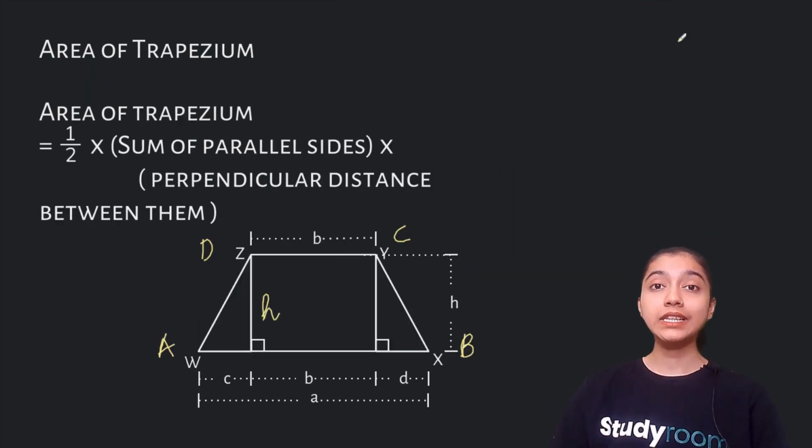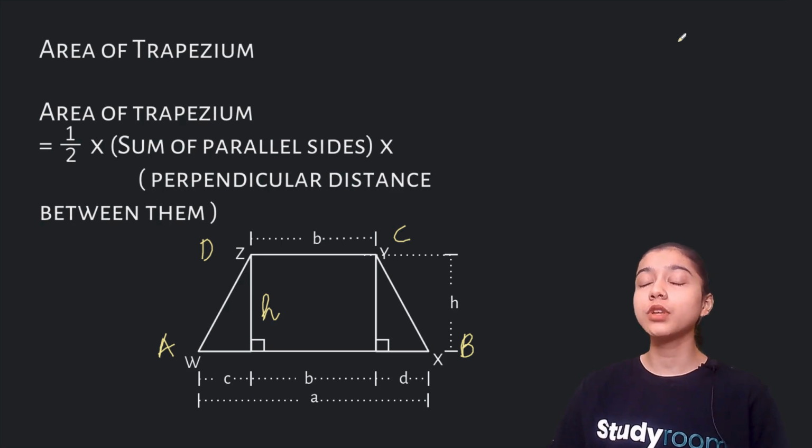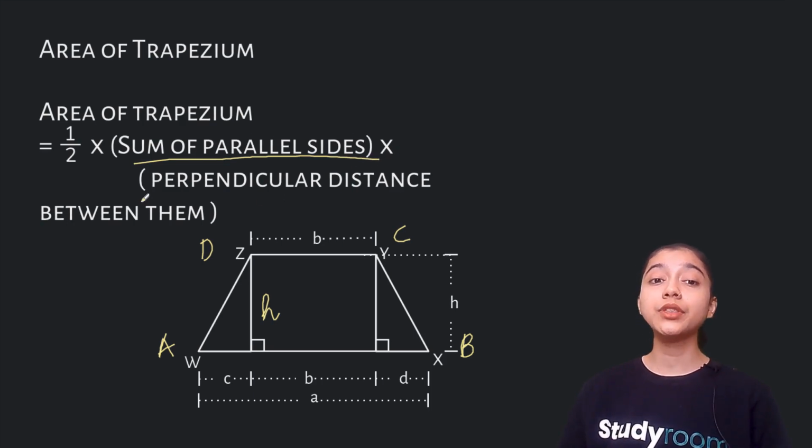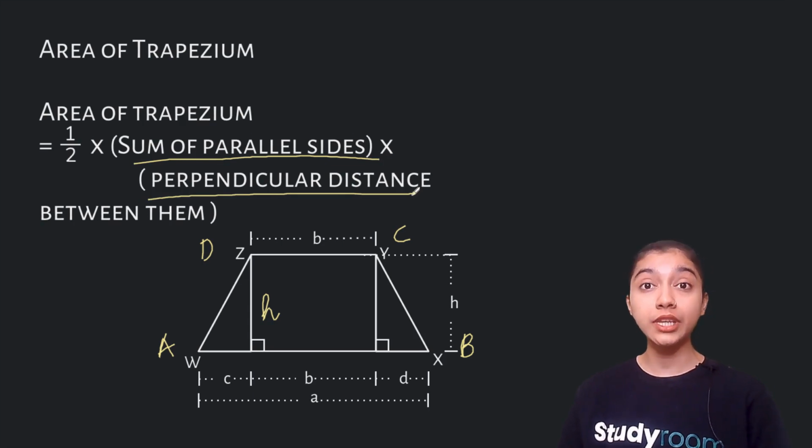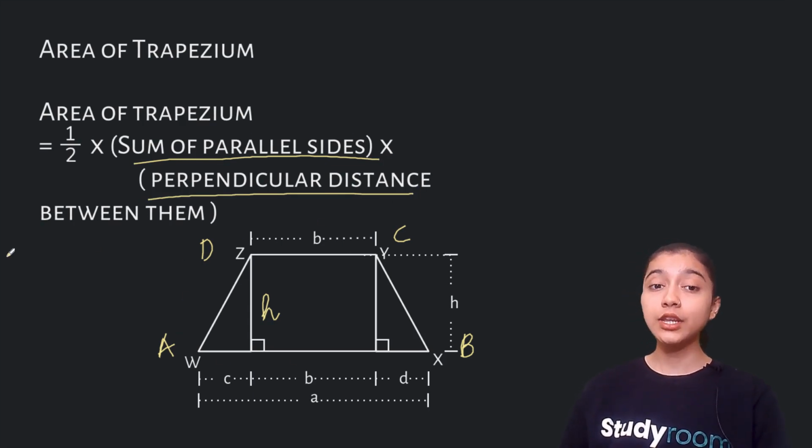Now when we combine the area of these two figures, that is a rectangle and a triangle, we get the area of the trapezium. And this general simple formula for the area of the trapezium will be half multiplied with the sum of the parallel sides of the trapezium multiplied with the perpendicular distance between those parallel sides. So over here, if this is a trapezium, the area of this trapezium will be half multiplied with the sum of the parallel sides.